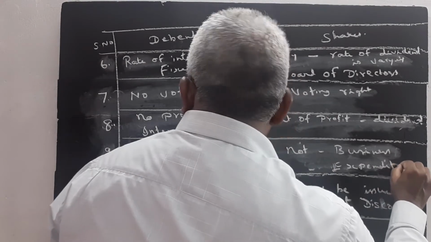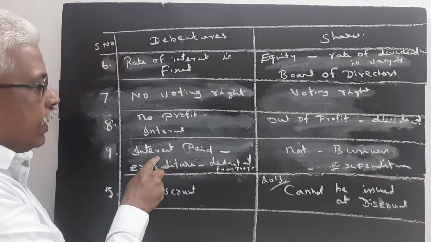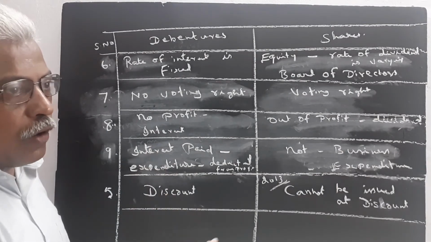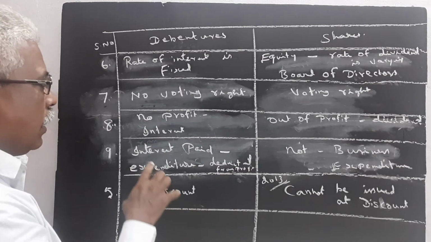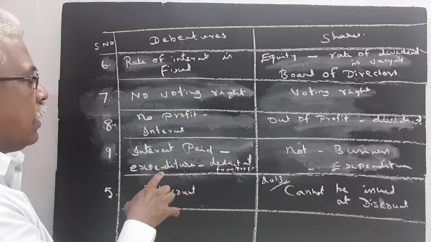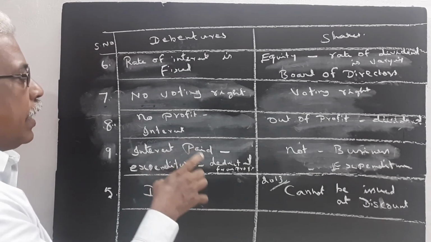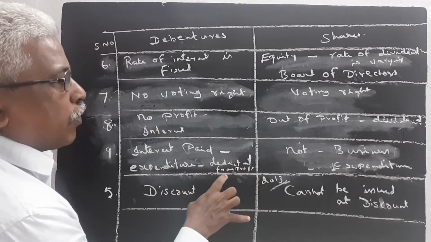Once again, I explain this 9th point. The debenture holders are entitled to get the interest. Whether the company earns profit or not, interest must be given to all the debenture holders. Interest paid is considered as an expenditure. The interest paid to the debentures is deducted from the debit side of the profit and loss account. It is deducted from profit.